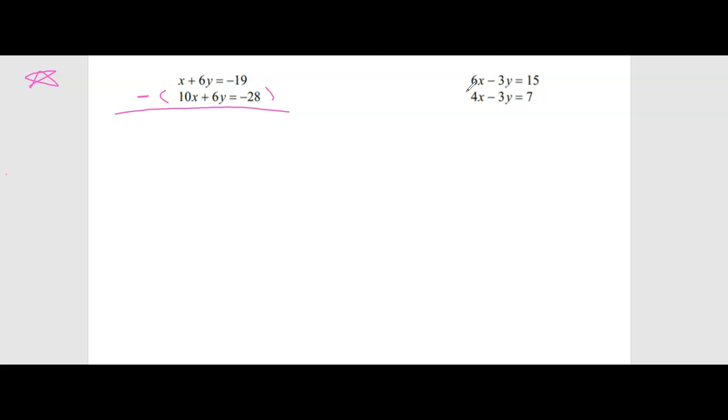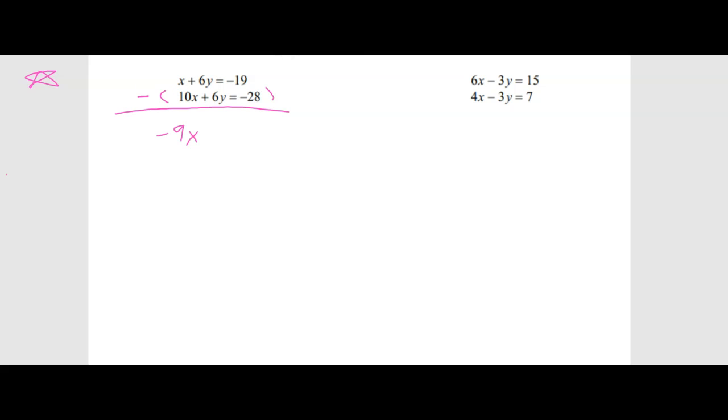well, I would get x minus 10x, so that would give me negative 9x. It's important that you are subtracting each of these quantities. So you're really distributing that negative sign and then adding the equations. So if you want to, right, that's what you could do.